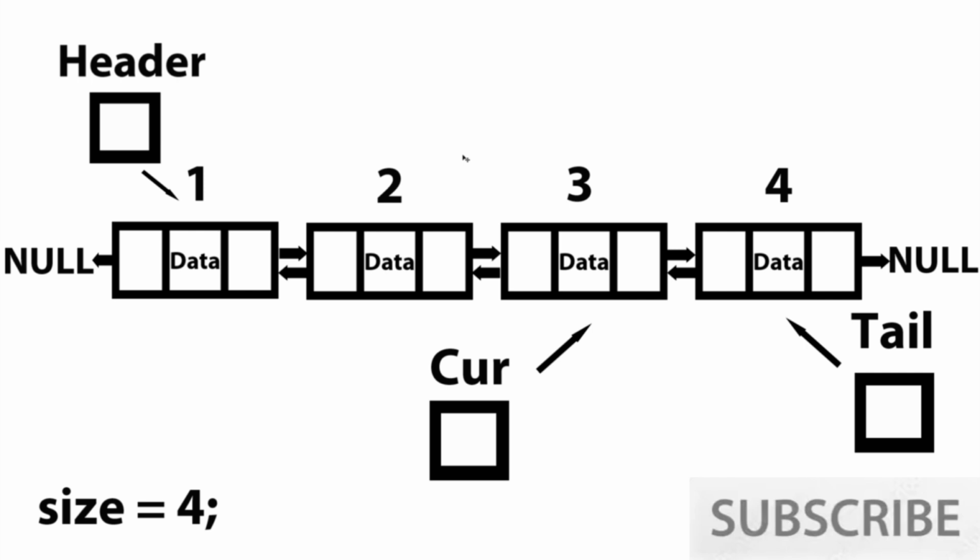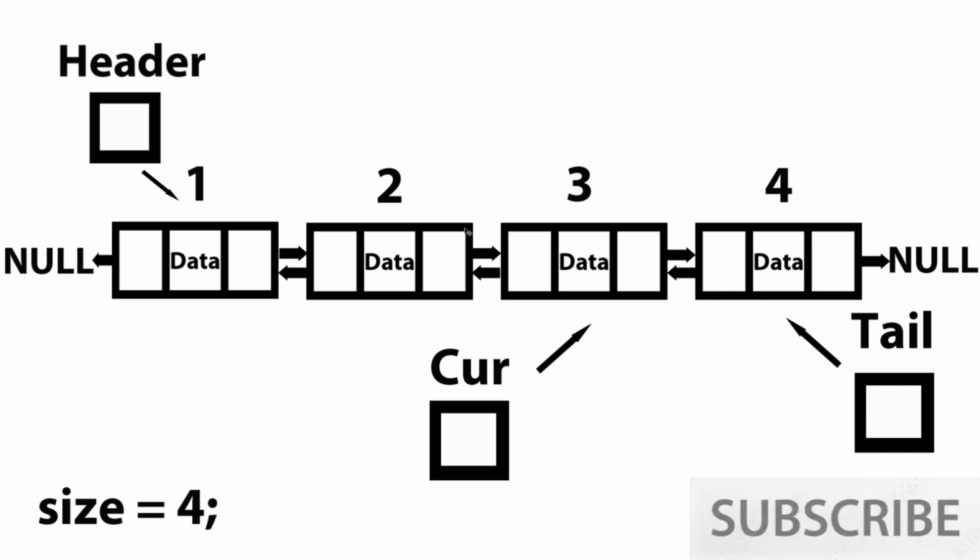So how would I get to 2? Well, in order to get to 2, I need to say current arrow prev, right? And that would give me this pointer here, which is pointing to 2. So that would get me here. Now from here, I could say arrow next to access the next pointer for 2. So just to recap, I could say current arrow prev, arrow next would give me here.